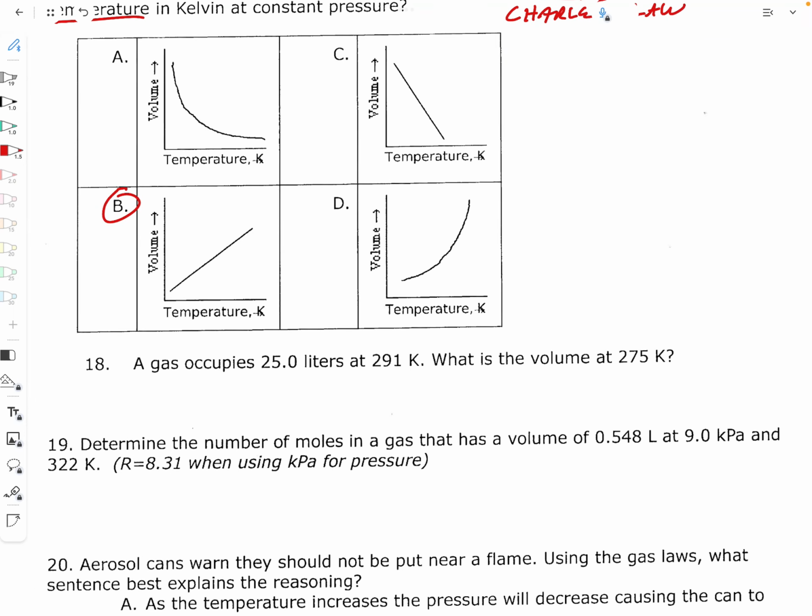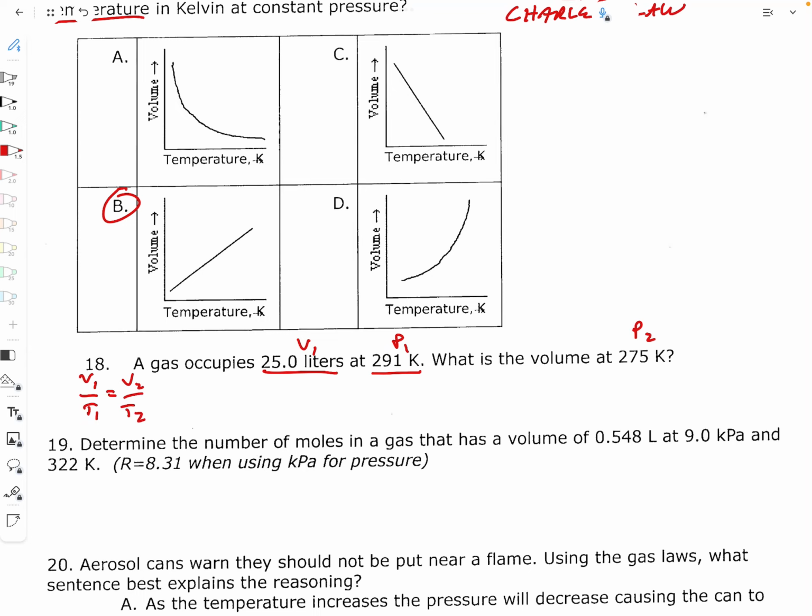18. A gas occupies 25 liters at 291 K. What is the volume at 275 K? Well, you have a volume and a temperature, then you have a second temperature here. So we have Charles' law again, and that's V1 over T1 equals V2 over T2.